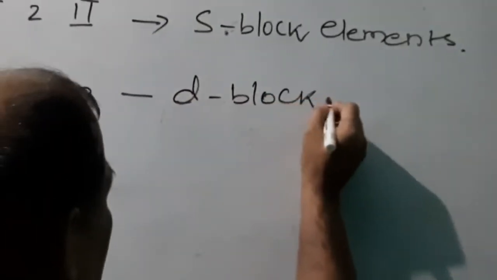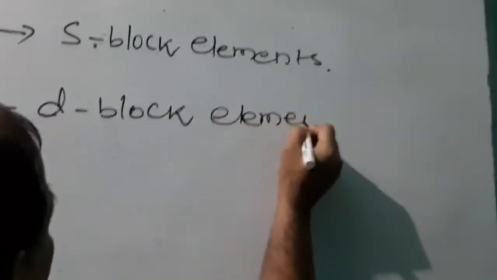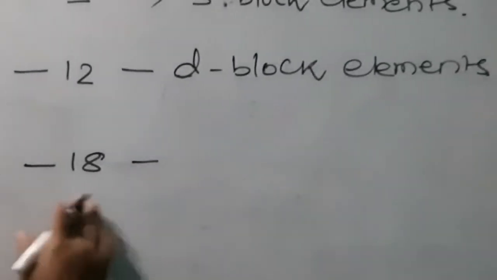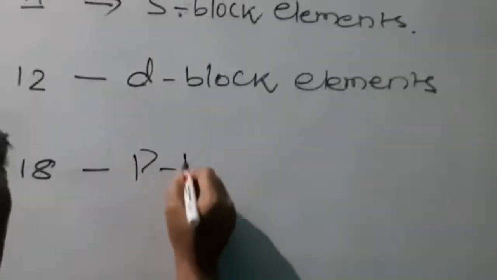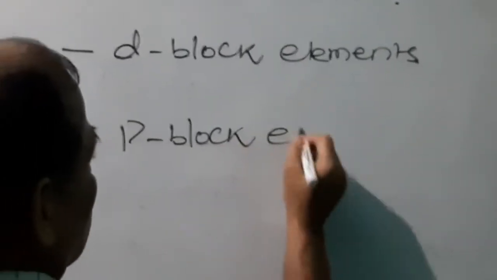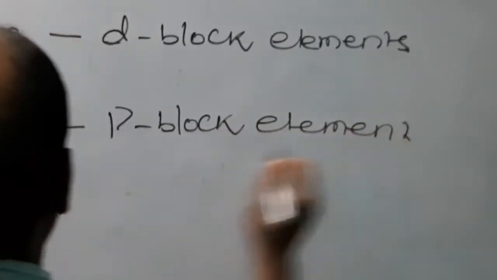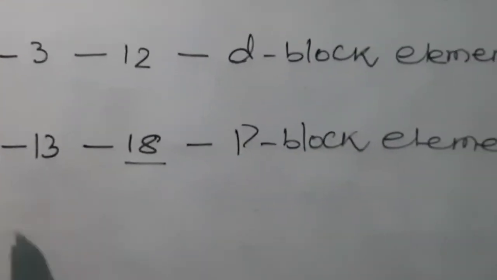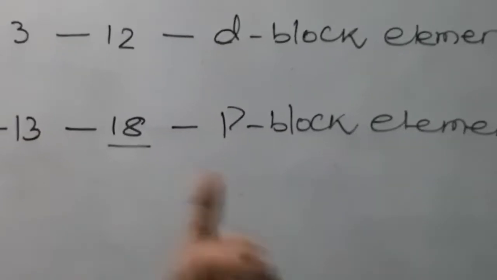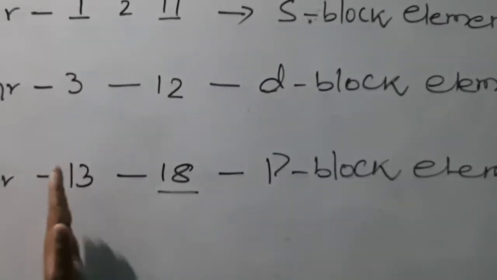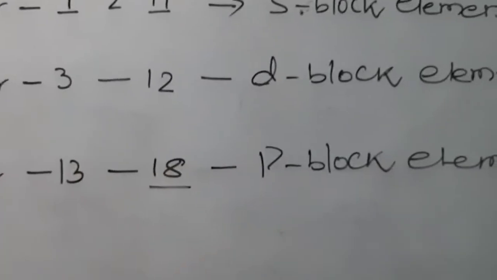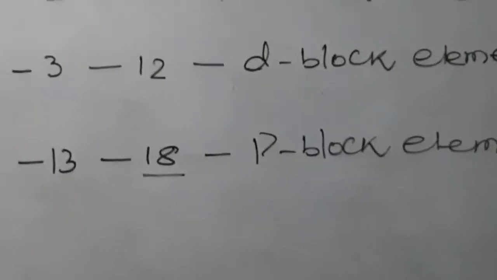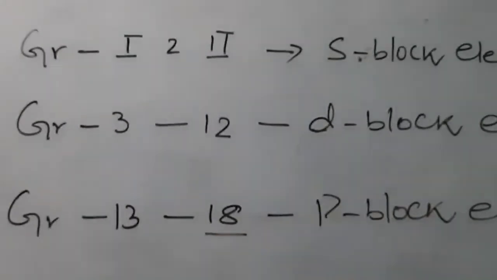Groups 13 to 18 belong to the p block. Though we usually do not consider the 18th group, and while talking we only talk about 13 to 17, the 18th group is the inert gases, but their last electron goes to the p orbital.